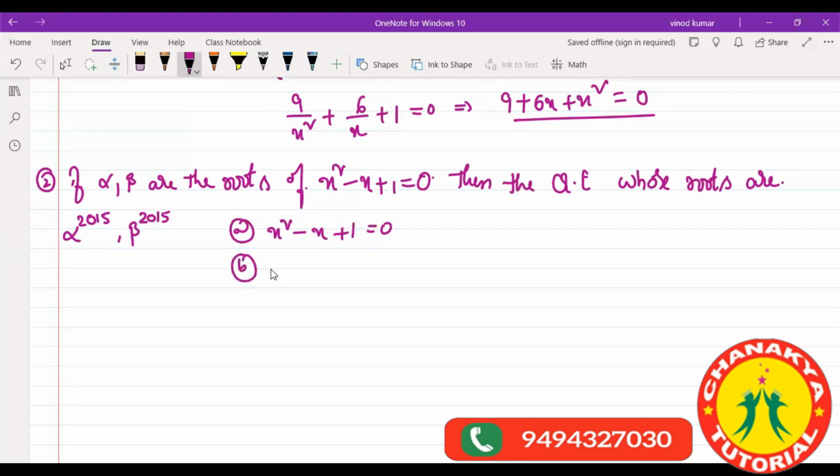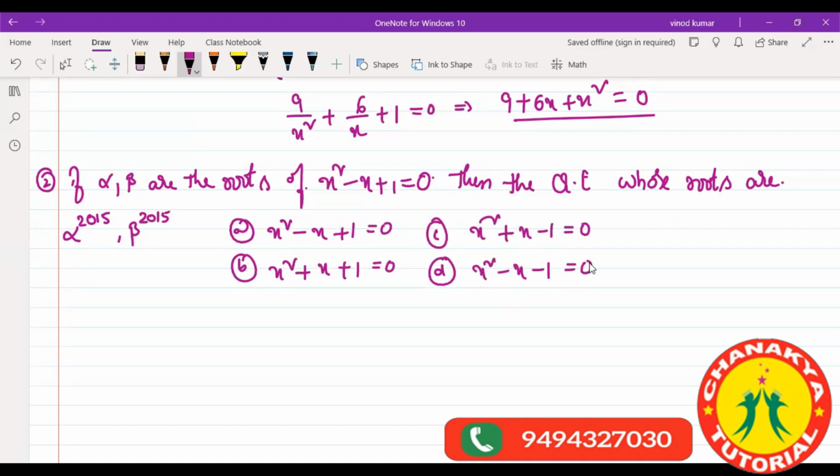Option B is x square plus x plus 1 equal to 0. Option C is x square plus x minus 1 equal to 0. Option D is x square minus x minus 1 equal to 0.